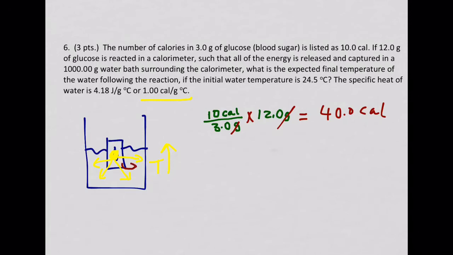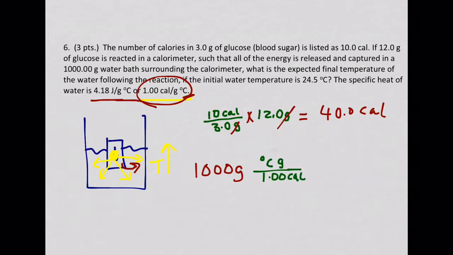We need to know how much that's going to raise the temperature of 1,000 grams of water. We know this information right here, and so we want to get a temperature rise. So we've got to use that relationship inverted, and so we end up with this right here.